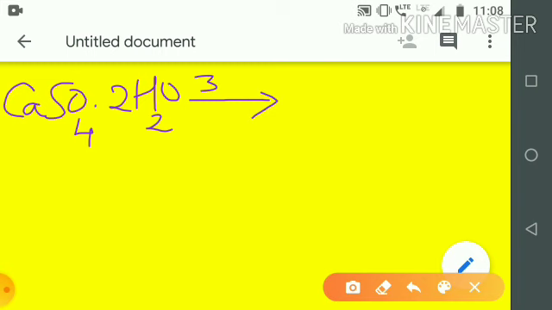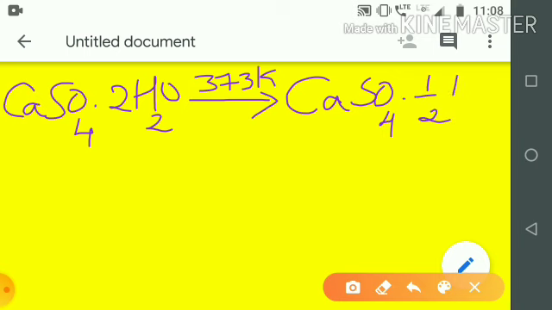When you heat this gypsum at 373 Kelvin, you will get a byproduct that is known as plaster of Paris or calcium sulfate hemihydrate, and 1.5 molecules of water will be evaporated.